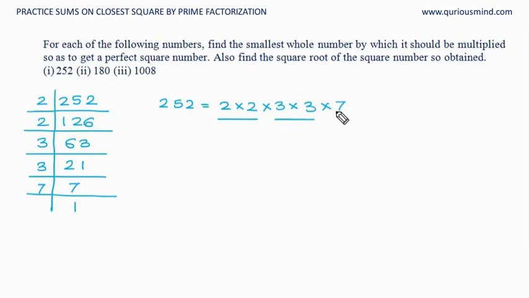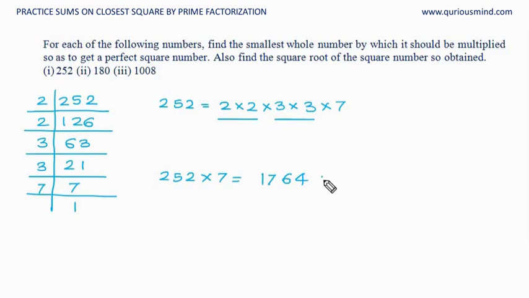So to get the closest square number, we need to multiply this by 7, one more 7, so that we can get the closest square number. So if I multiply 252 by 7, I get 1764. Now, what is the square root of 1764?